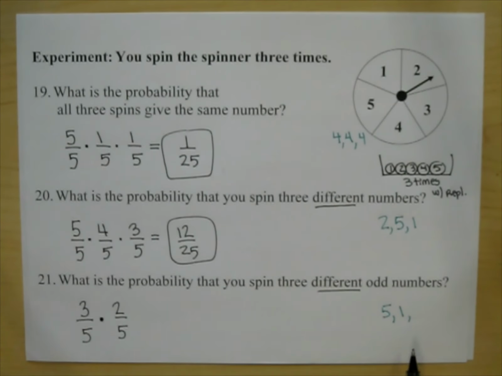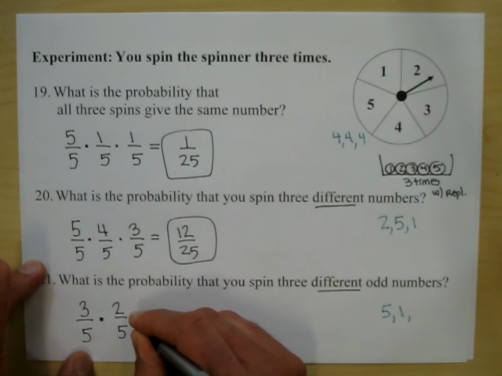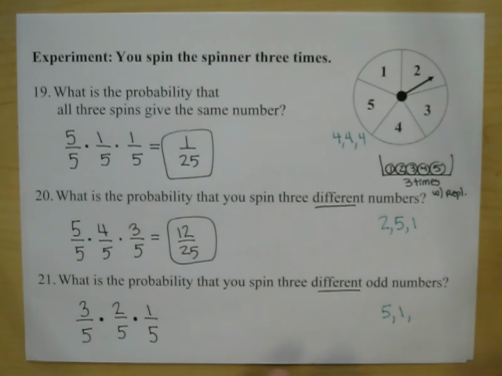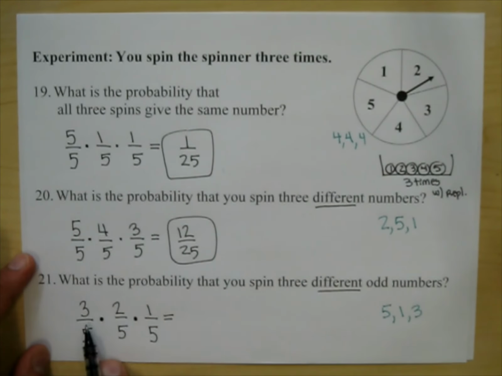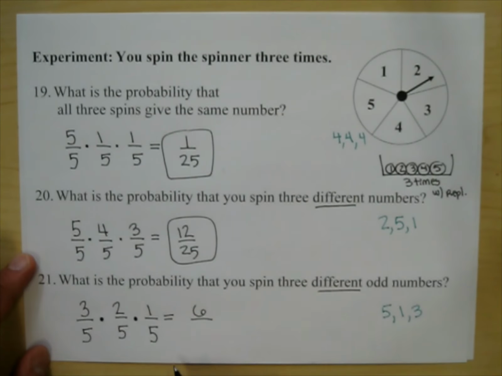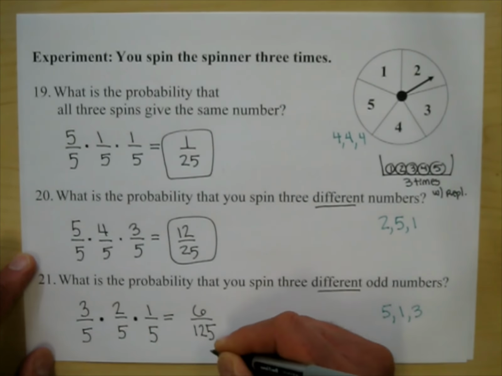Then that last one you absolutely have to spin is a 3, because there's only 3 odd numbers up there, so that probability would be 1/5. And so, you would have to spin a 3 to get this. So this gives us 3 times 2 times 1, which is 6 on the top, and 5 times 5 times 5, that is the 125 on the bottom.